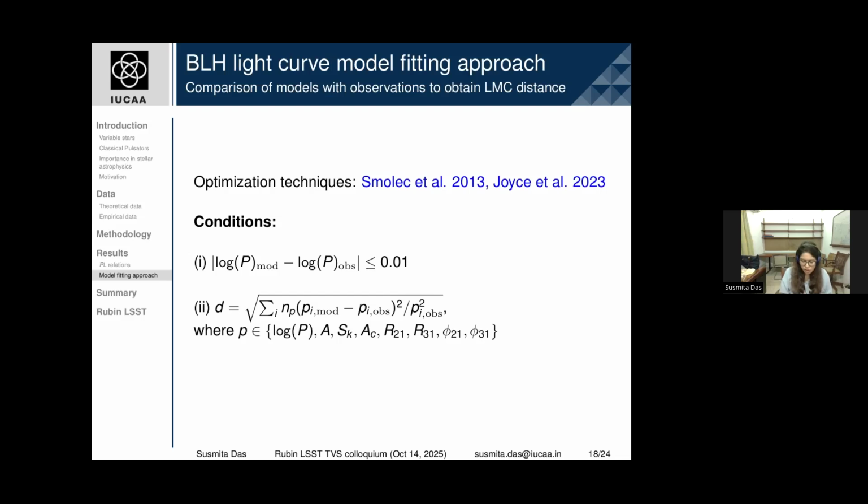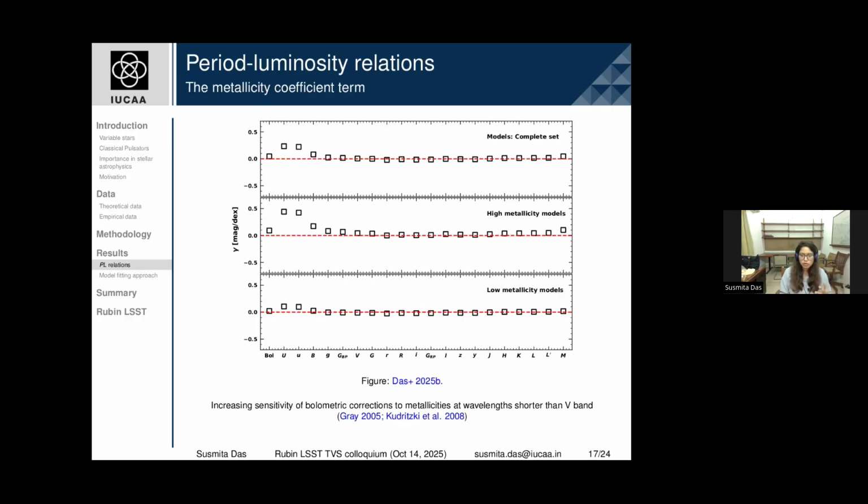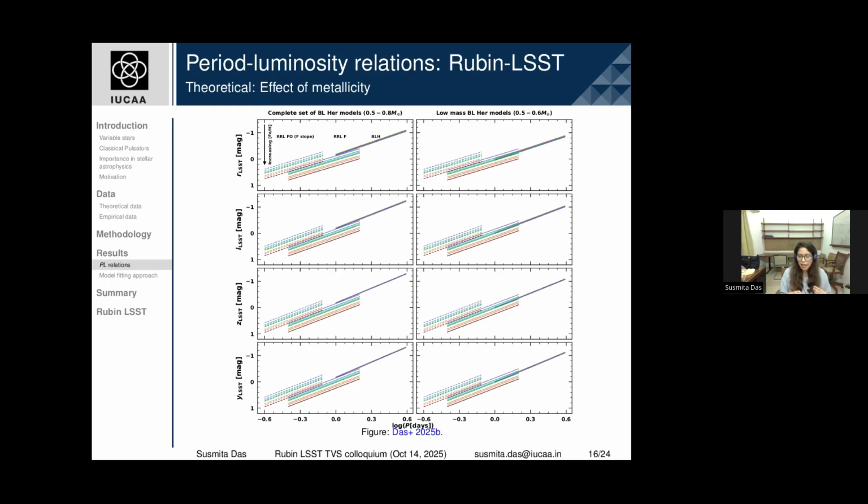So all of these results that we had been discussing so far were using mean light. Whenever we do PL relation, all of these are at mean light. What is mean light? We have a whole variation of magnitude over a pulsation cycle.